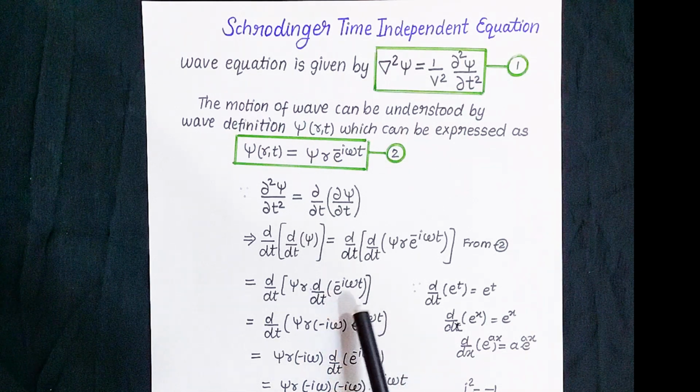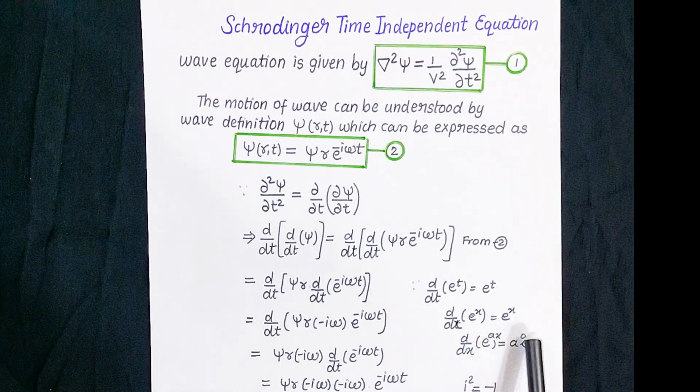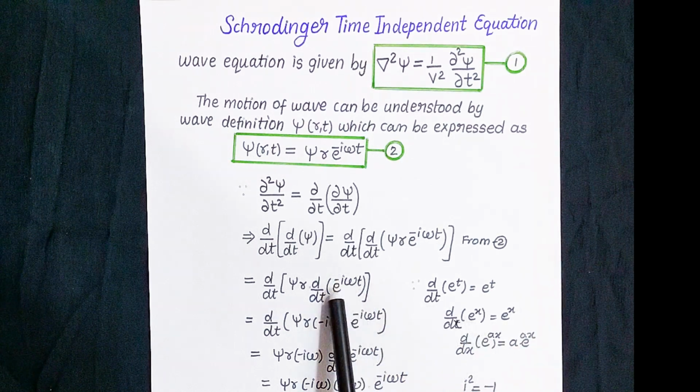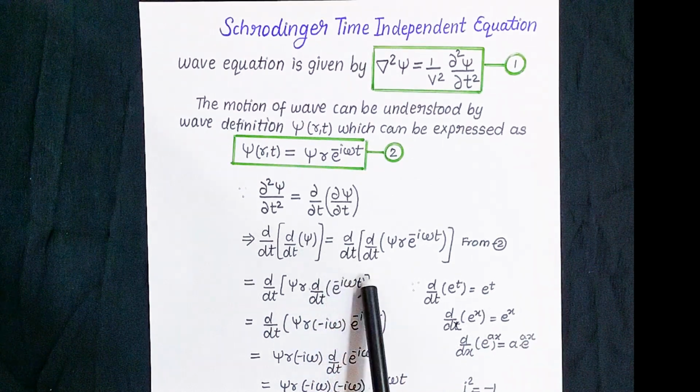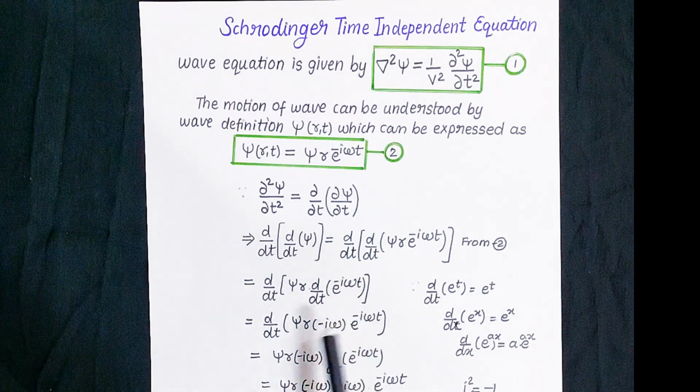As an example, you can consider d/dx of e^(ax) is a e^(ax). We have applied the chain rule for ax, where a is the constant, so that's why it comes out as a e^(ax). In the same way, we have here d/dt of e^(−iωt). So −iω is constant, it comes out like this. So that is the reason why we have written it like that.